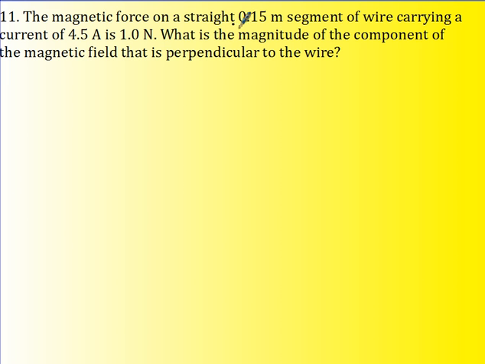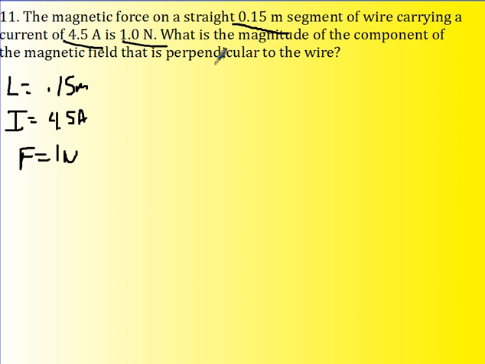Magnetic force on a straight 0.15 meter segment, so L is 0.15 meters, carrying a current I of 4.5 amps, is 1 newton. F equals 1 newton. What is the magnitude of the magnetic field perpendicular to the wire? F equals ILB. So B is F divided by IL.